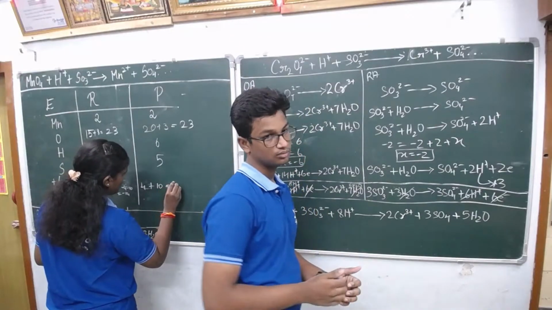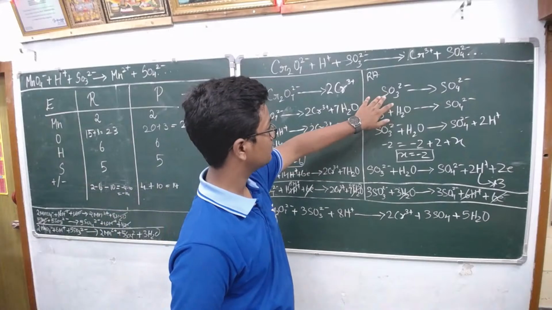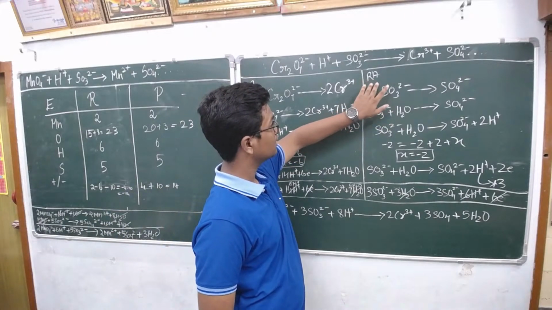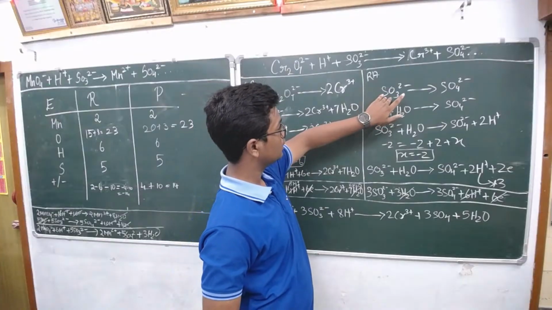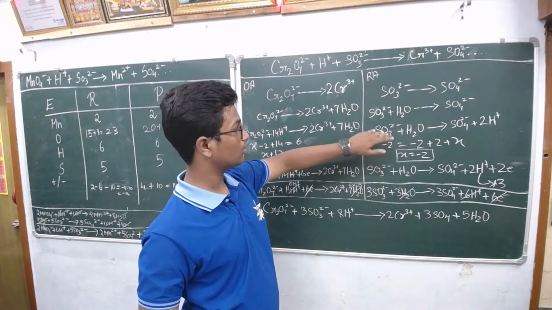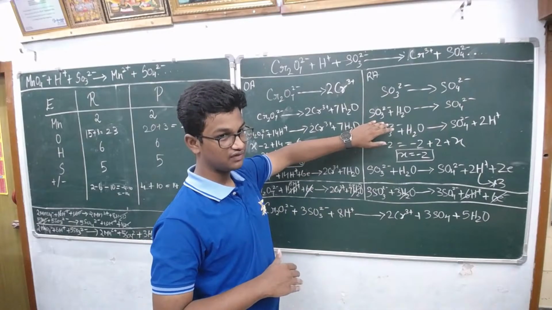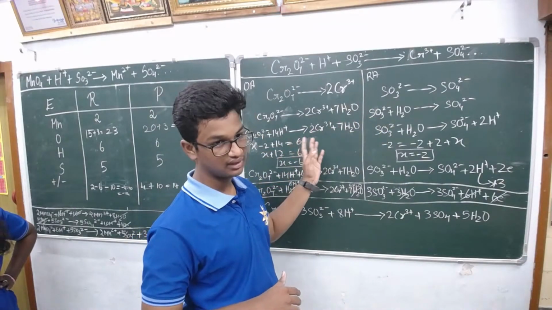9 oxidation reactions. So first, we are going to balance the reducing agent, sir. SO3 2 minus to form SO4 2 minus. So first we are adding water molecule in the oxygen deficient side, which means we are adding H2O in the left side, sir.